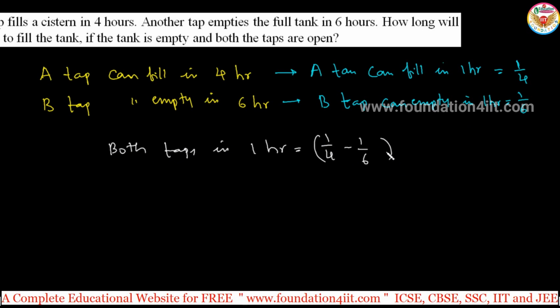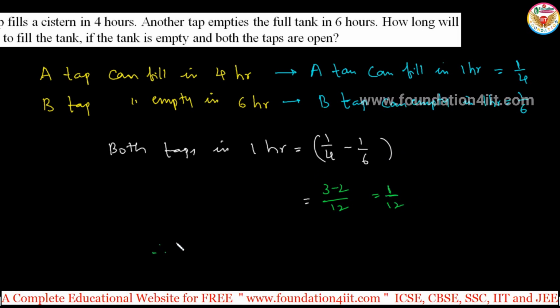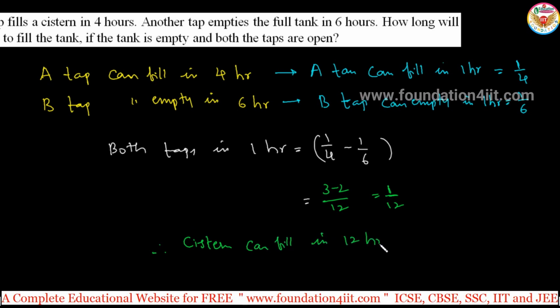Taking the LCM, 3 minus 2 by 12, so 1 by 12. 1 by 12th part of the system they can fill. Therefore, the system will fill in 12 hours.